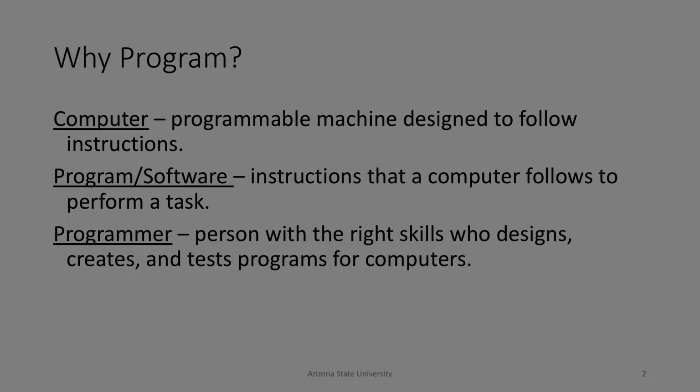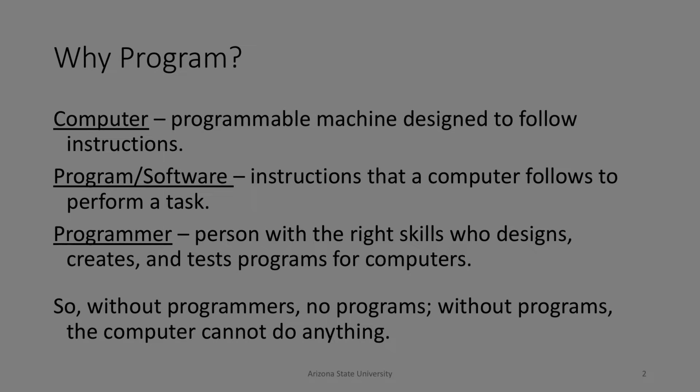Then obviously there's a person who actually programs the computer, because the computer can't program itself because it doesn't understand decision making, right? So the programmer designs the programs that the computer will actually execute. We'll actually show a program in a little bit. So we need programmers, hence why this class exists, so that we can make programs to have computers do tasks.